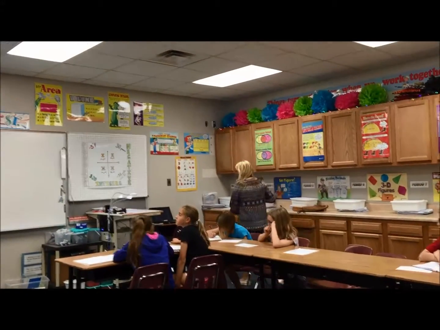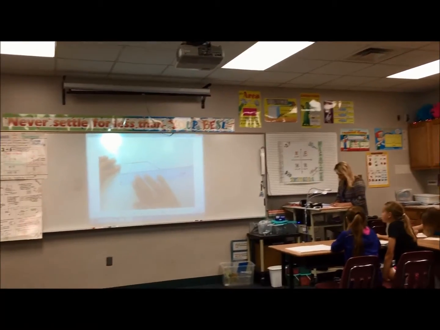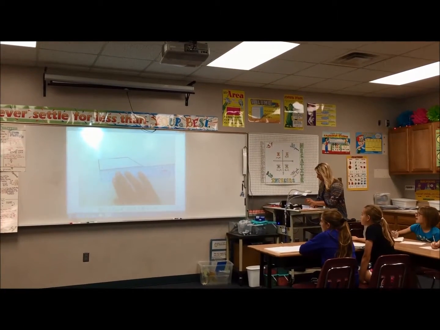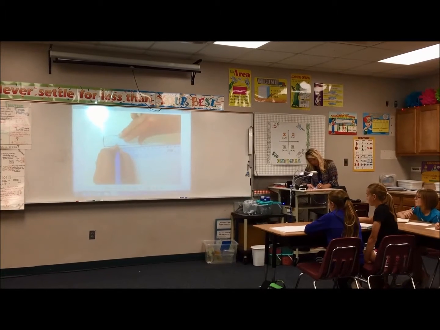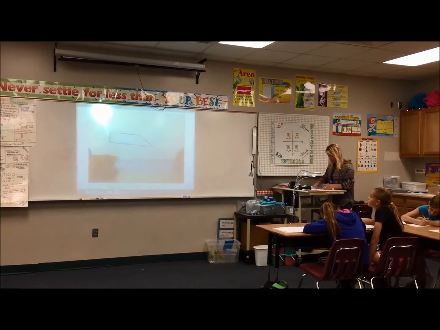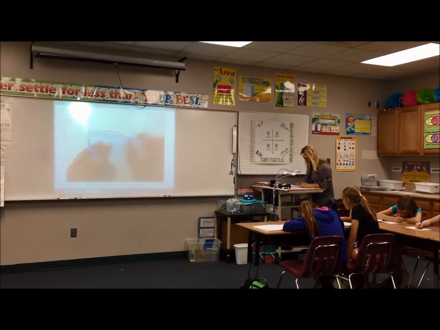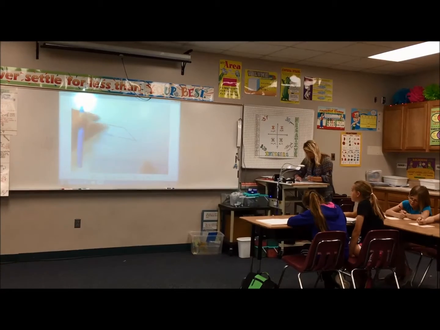I'm going to do my best to make these precise. So let's say we have this base 1. Base 1 is going to be 11 centimeters. And this base right here, we will give 7 centimeters.